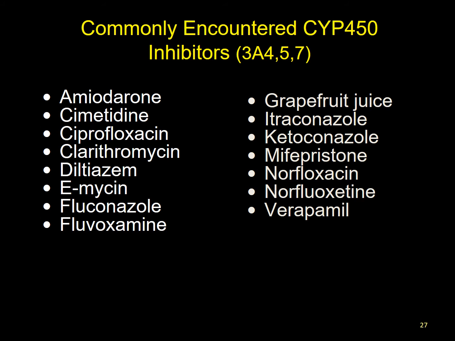Okay, no problem. But then, while she's in the hospital, she gets put on ciprofloxacin for, say, a urinary tract infection. Well, ciprofloxacin inhibits cytochrome P450 3A4, which is the enzyme that metabolizes the alprazolam.